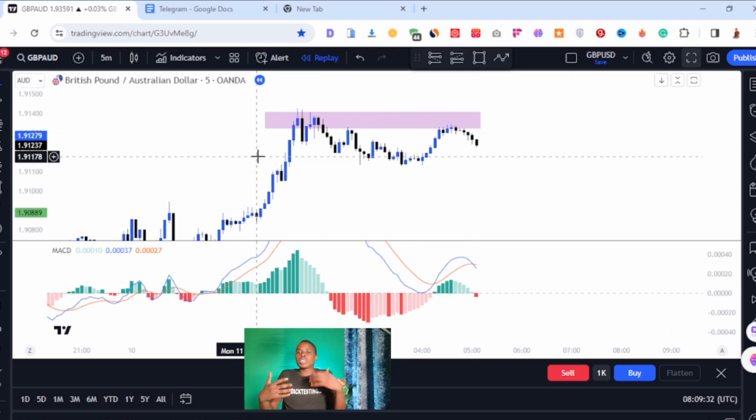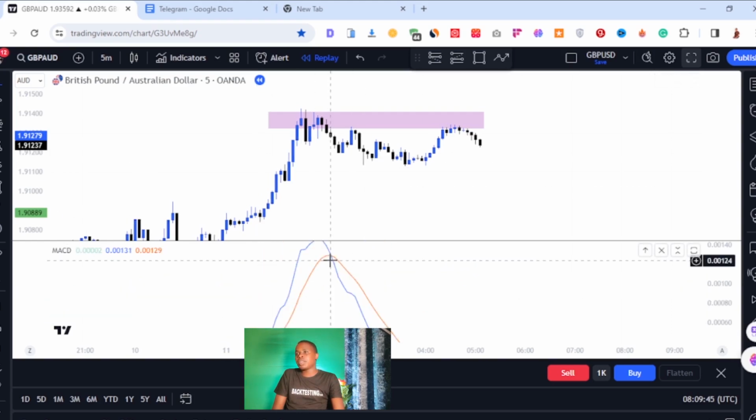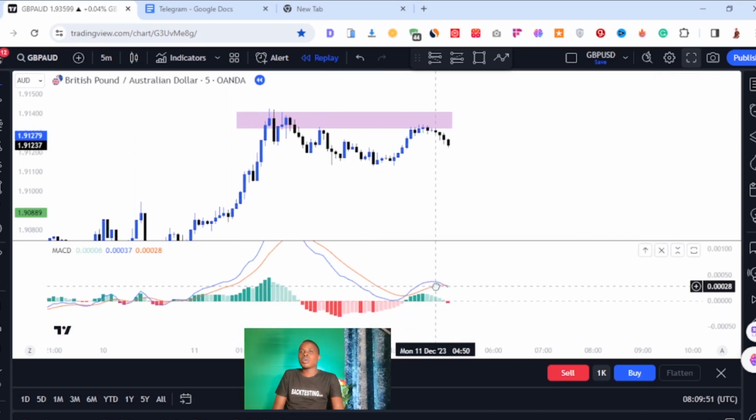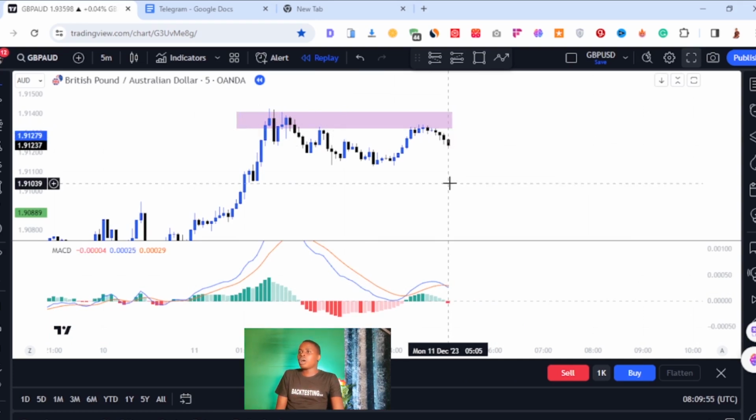You just want to see if this looks like the same zone, which is exactly what I did right here. You can see the first crossover was way above here at this point, and the next crossover is way below here, but the zone is still the same. So what is the next step? We are looking to sell, right? So we sell.